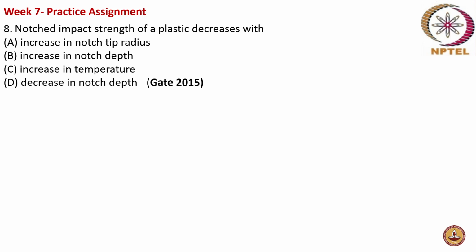So the notched impact strength of plastic decreases. Does it decrease with the increase in notch tip radius, or with increase in notch depth, or with increase in temperature, or with decrease in notch depth?